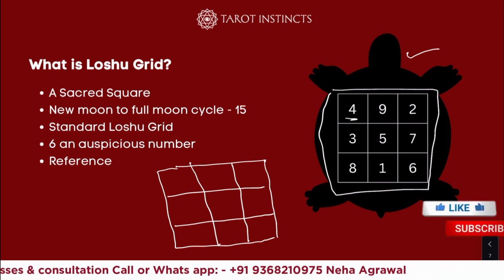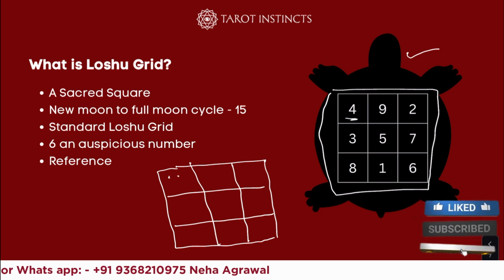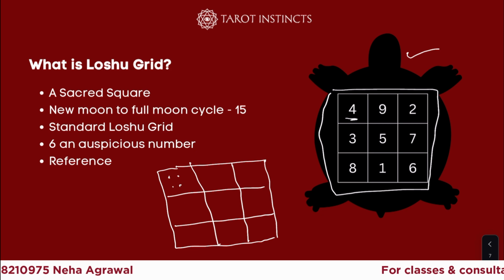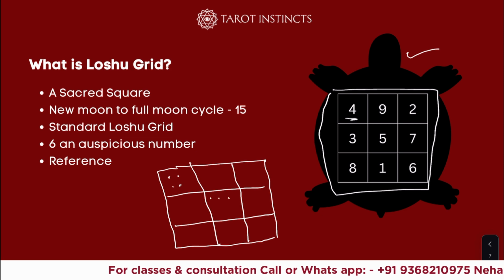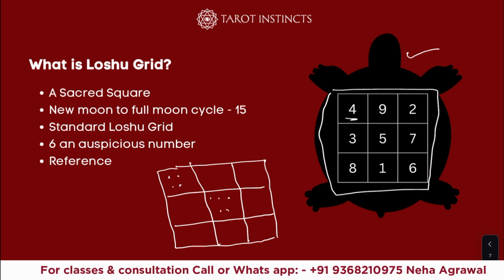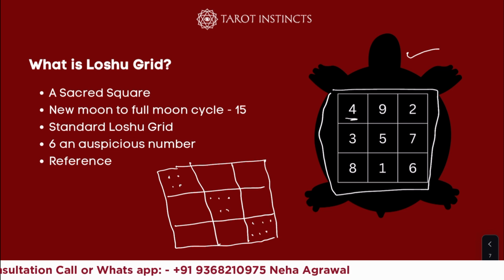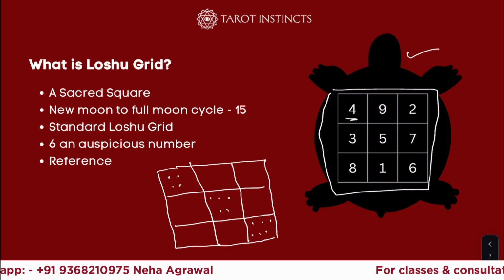If they wanted to write 4, they represented numbers in the form of dots: 4 dots for 4, 5 dots for 5, 6 dots for 6. In this way, there were no numerals at that time.